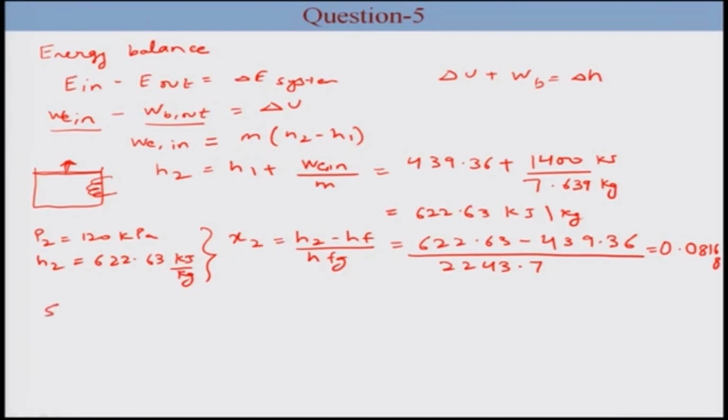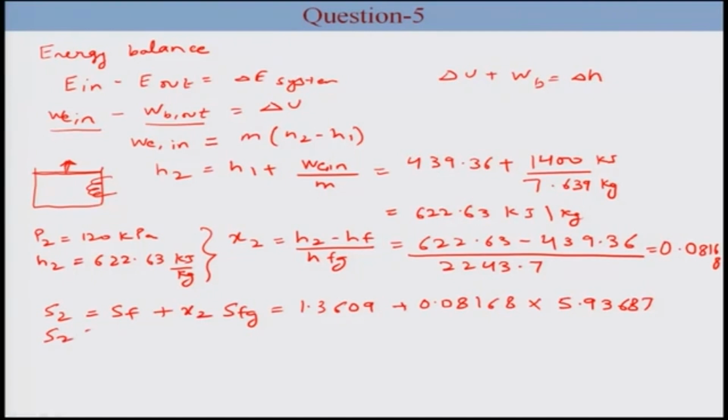Similarly, the value of S2 is equal to SF at 120 kilopascal plus X2 multiplied by SFG. So, this is equal to 1.3609 plus 0.08168 multiplied by 5.93687. So, this gives S2 equal to 1.8459 kilojoule per kg Kelvin.